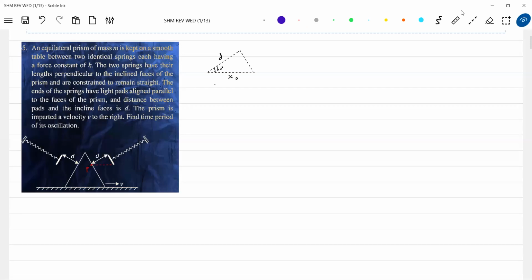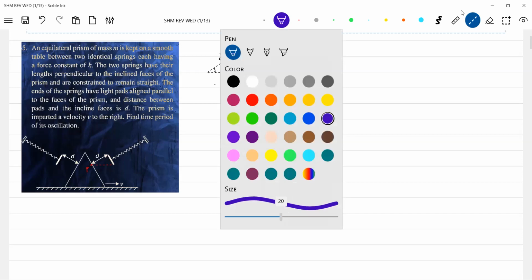How will the triangle be? It should come like this, no? This cannot be 60. Anybody, the angle of this one? I'll set it. 30 degrees it will be.